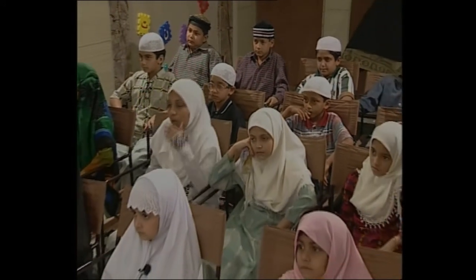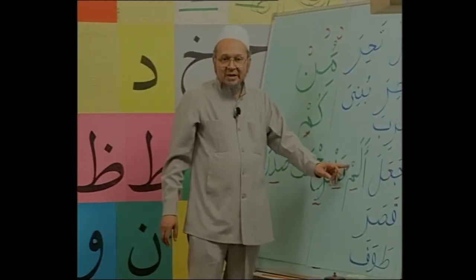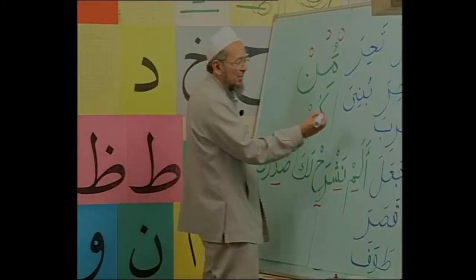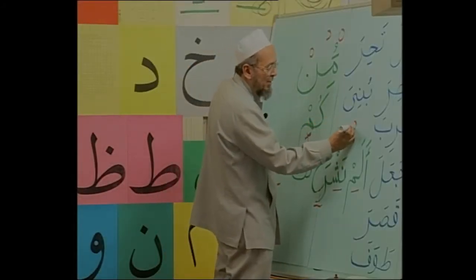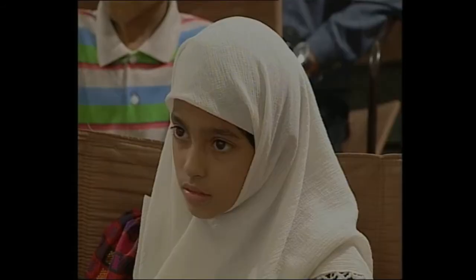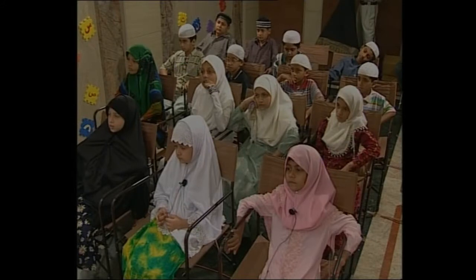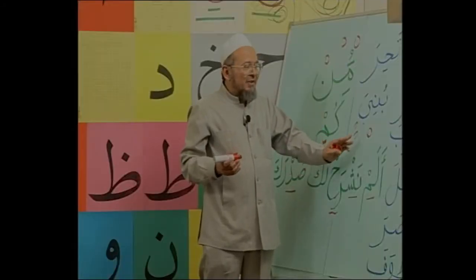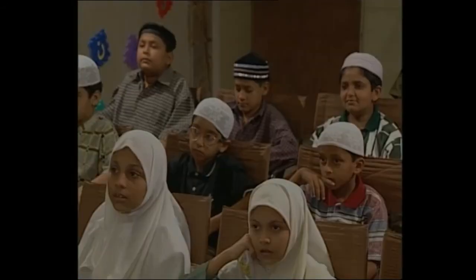Good. So now you have understood that whenever a letter carries this sukun sign, there are two methods for writing it. First, they may put a circle. Another is this kind of sign. In different Qurans you will find different signs are used, so you should not be confused when you find the circle.